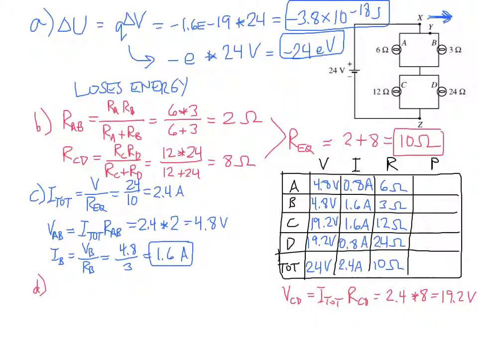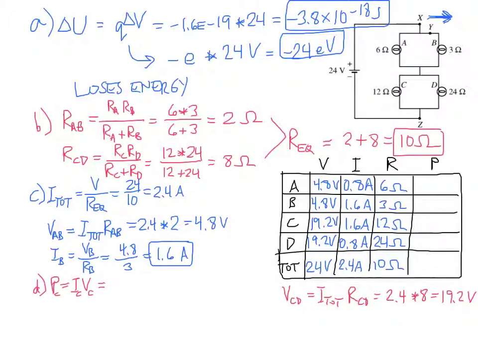And now we have this whole table filled in, I can go ahead and calculate the power, and I'm just concerned with the power in the 12 ohm bulb C, so just focus on this row of the table, and power is equal to the current times the voltage. So P equals IV, and we're looking at bulb C, so I'll put some subscripts on there.